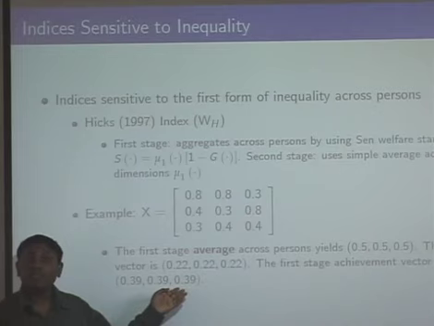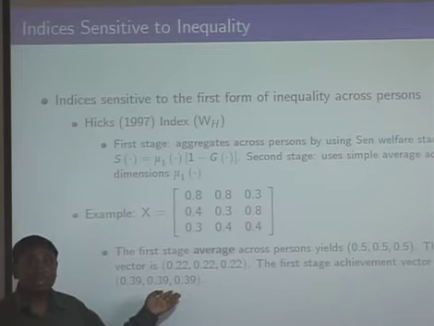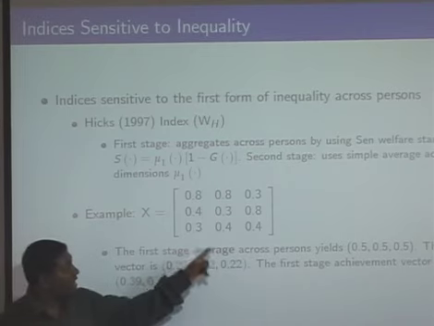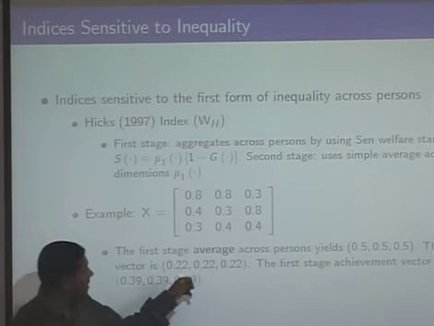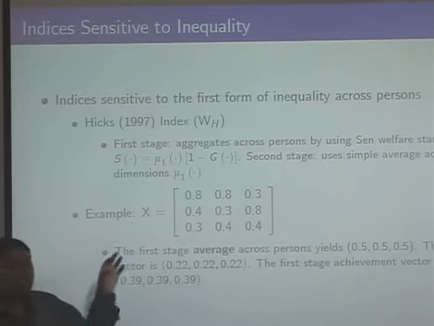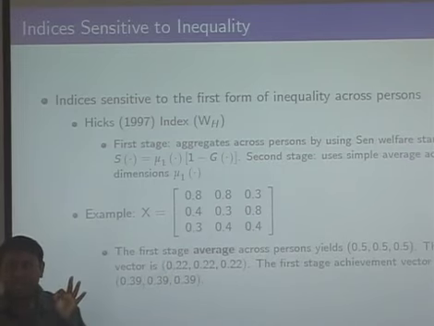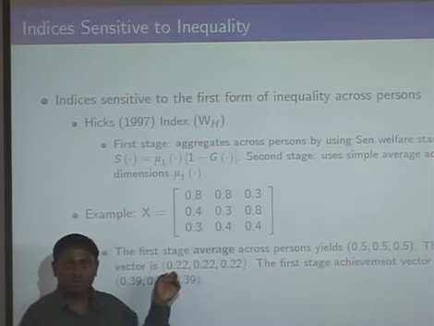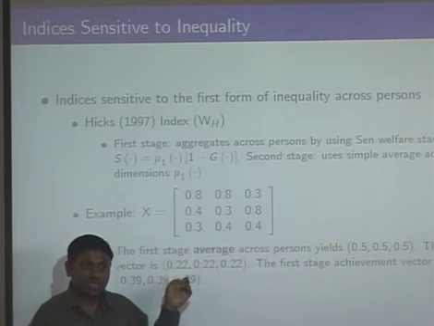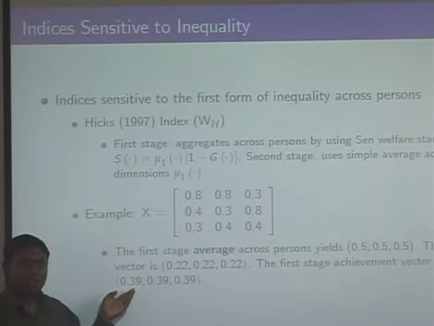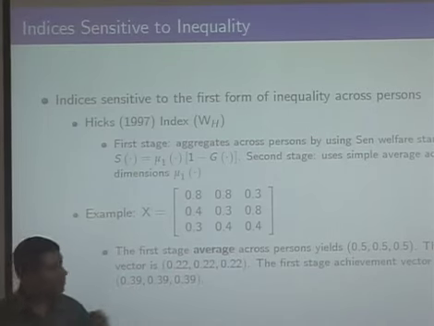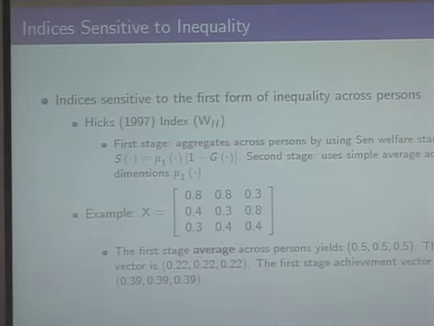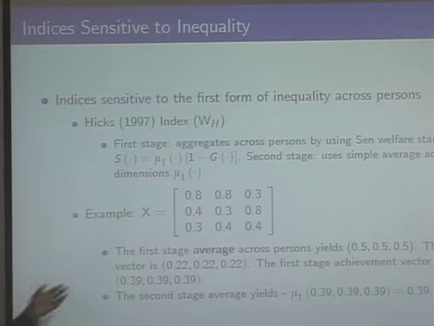How did I get that? I multiply: the first stage achievement vector is mu times 1 minus Gini. So 0.5 times 1 minus 0.22, which is 0.78. Half of 0.78 is 0.39. So the second stage average yields just 0.39 because they are the same.